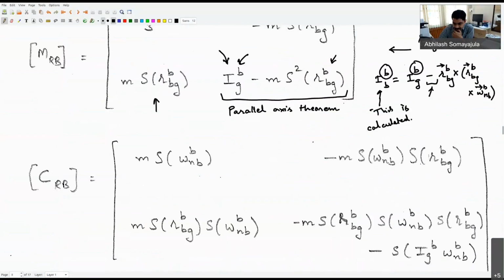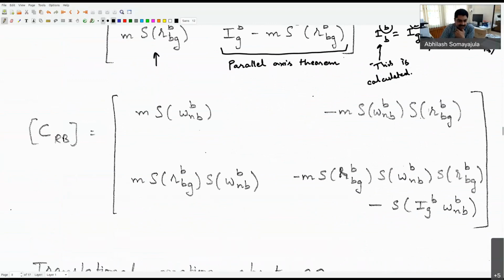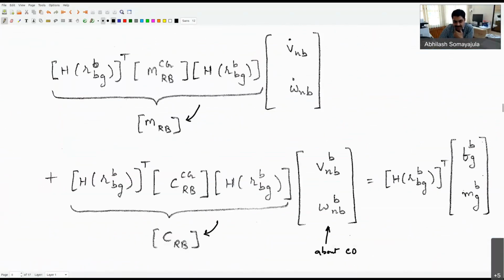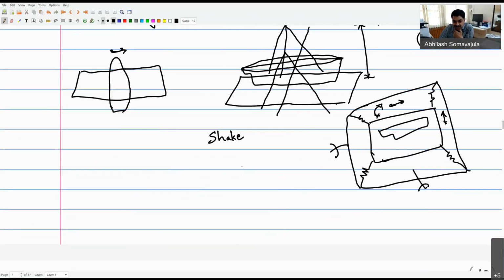A similar expression, an expanded expression for the centripetal matrix can also be seen, and I leave it as an exercise for you to see that if you actually multiply H transpose times C times H, you should get something like this.